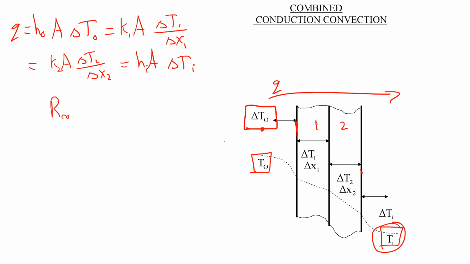Q over A times the convective resistance for the outside. Delta T1 is Q over A times the conductive resistance going through layer 1 of the construction of the wall, then layer 2, and then the inside air.